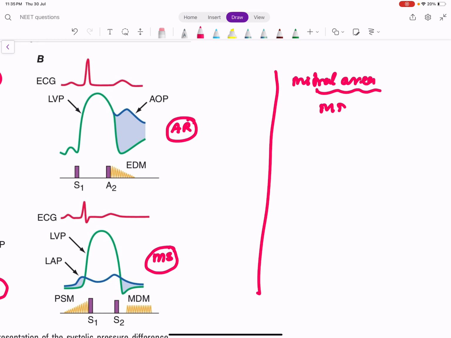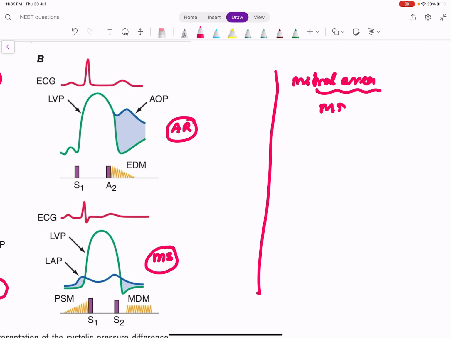In the aortic area, again we can hear two types of murmurs. One, ejection systolic murmur, which is in aortic stenosis. Early diastolic murmur is usually better heard in the second aortic area. Whether it is the aortic area or second aortic area depends on vascular cause or valvular cause. So this will be in aortic regurgitation. We are not discussing more than this.